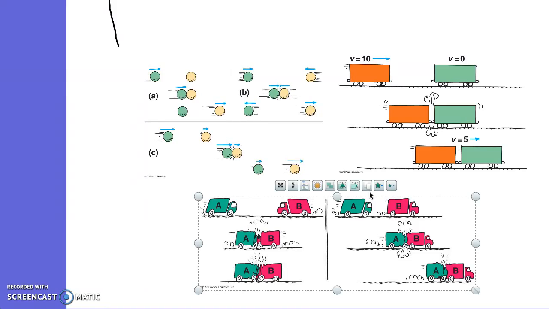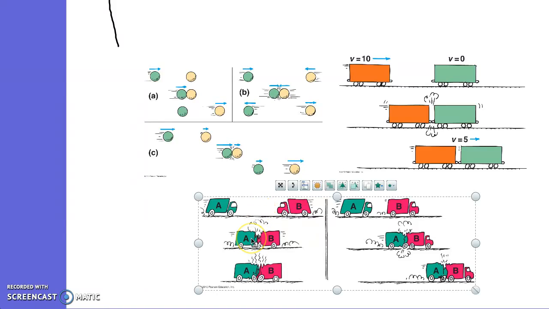Now, when we look at these collisions here, for example, notice there's once again a conservation of momentum. These are the same mass and they're going at the same speed. Since they're going in opposite directions, we would subtract them, so their net momentum would be 0.